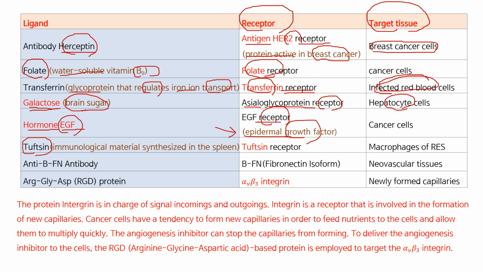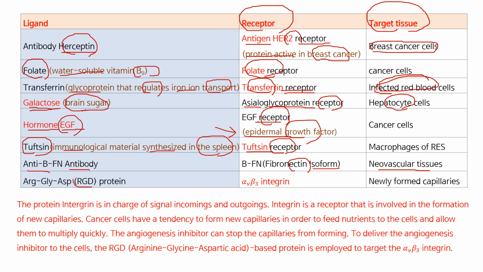Trypsin. Trypsin is an immunological material synthesized in the spleen. And this trypsin is targeting the trypsin receptor. An anti-EDB antibody is targeting the neovascular tissue, and the receptor is EDB fibronectin isoform.